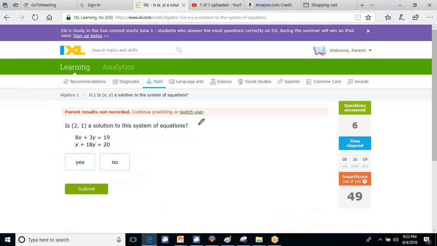So if this equation says x plus 18y is 20, okay? So if you solve for x here, x is equal to, so you find one variable first.